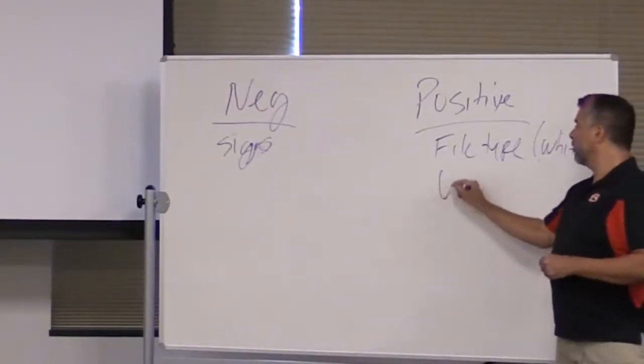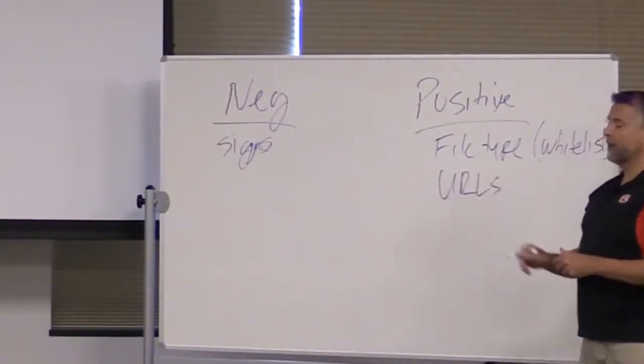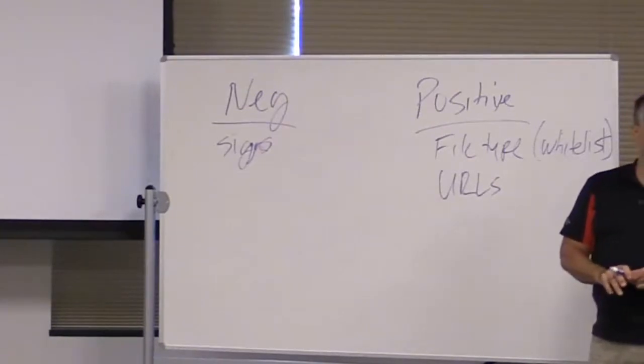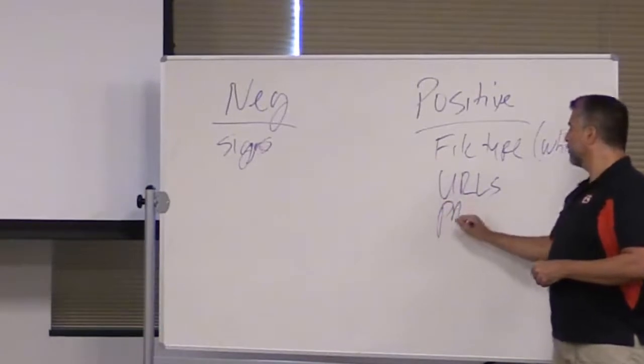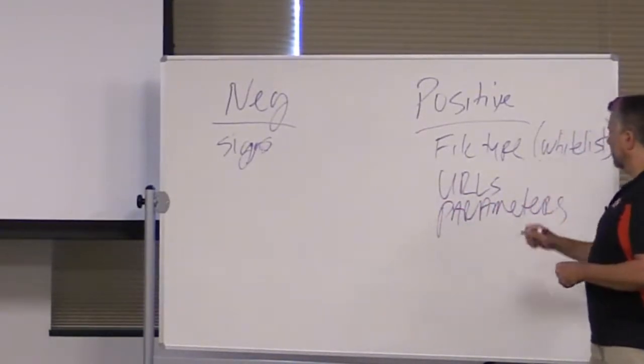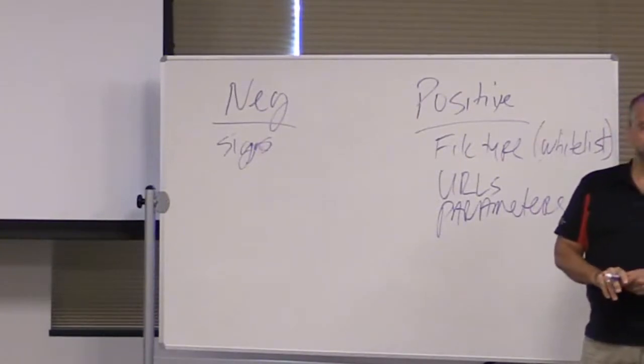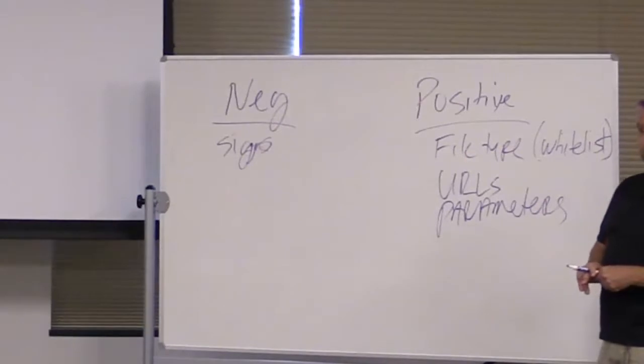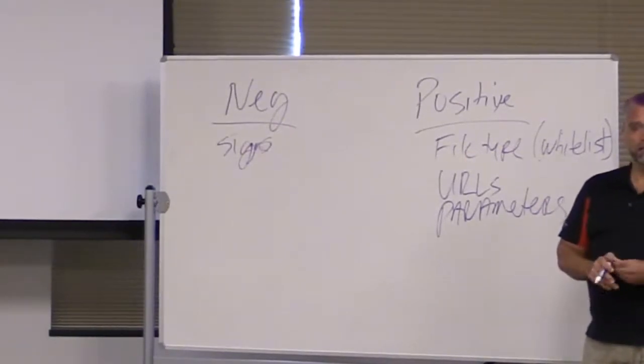The other ones are URLs. So we can have a list of all the valid URLs. Again, a URL whitelist. All of the parameters. Parameter whitelist. Anybody know what the 4th one is? Anyone know what the 5th one is?